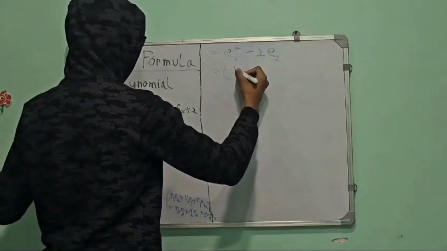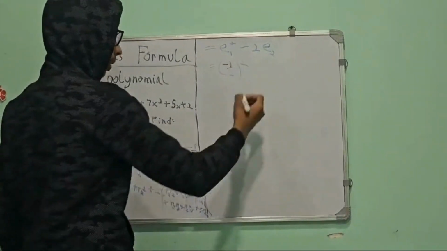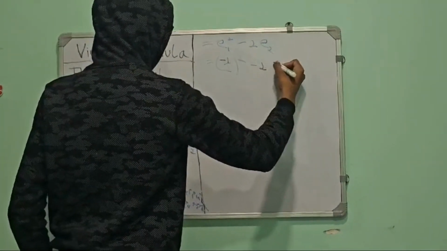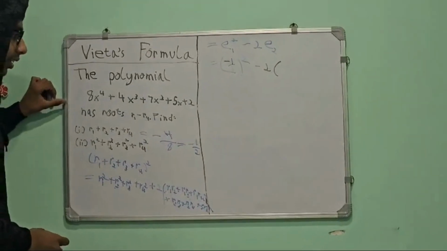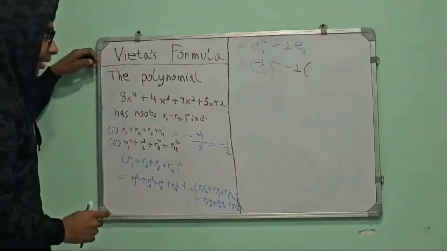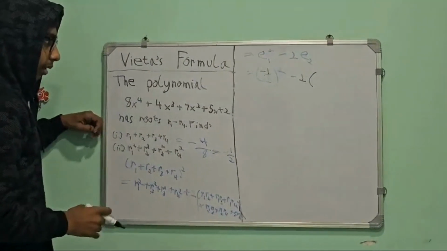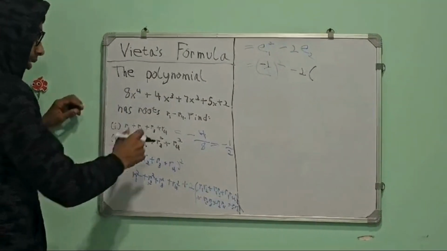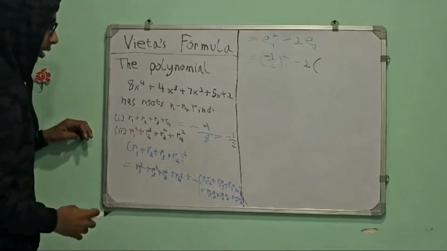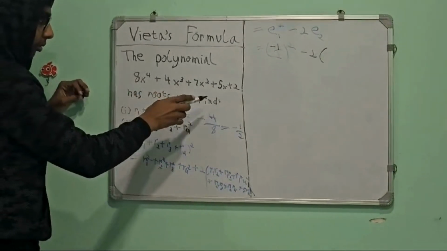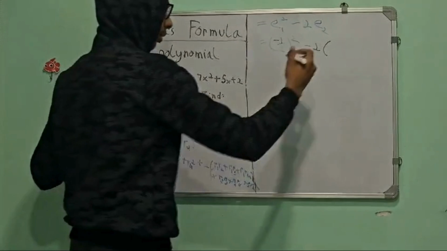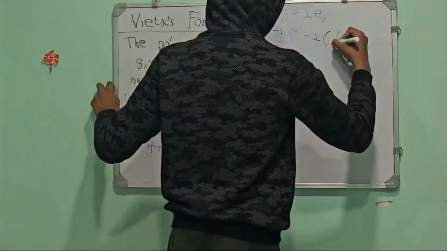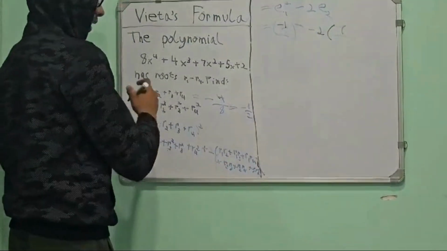So it will be negative 1 by 2 whole squared minus 2 times, let's evaluate e2 on the spot here. So it will be negative 1 to the power 2, so it will be positive, times a sub 2, because the degree is 4, minus 2 is 2, so the coefficient of x squared, which is 7. So 7 upon the leading coefficient, which is 8.